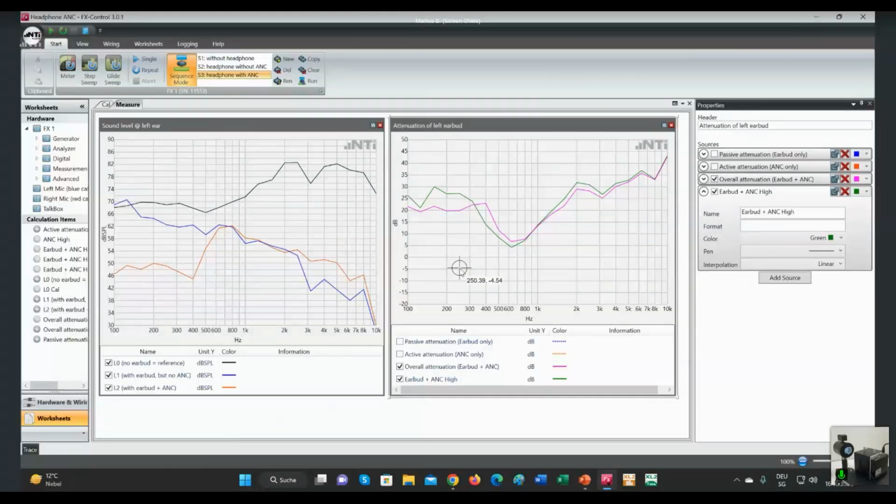Now, as a last comparison, I want to show you another measurement, and that is by replacing my earbuds with a passive hearing protector. Again, I restart my measurement.